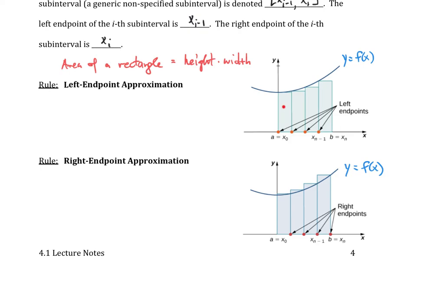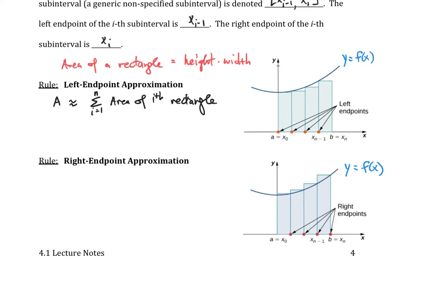So we can write down what the areas of these rectangles are going to be, right? So why don't we take a second to do that? So we know that the area is approximately equal to the sum as i goes from 1 to n of the area of the ith rectangle.